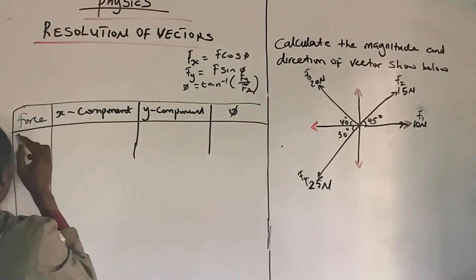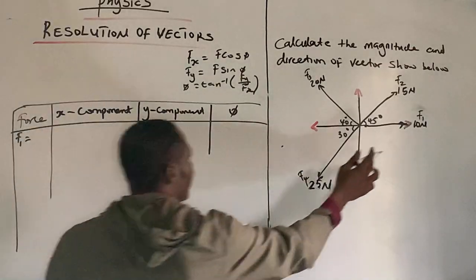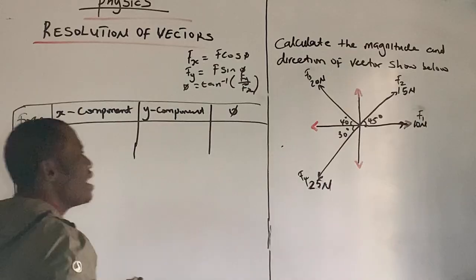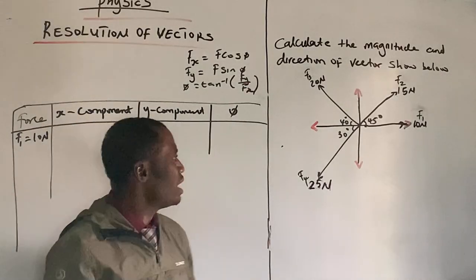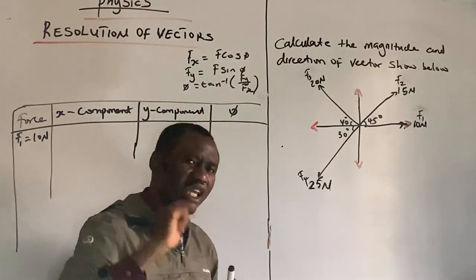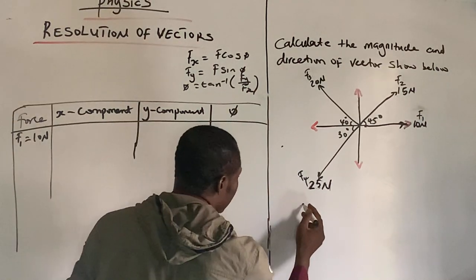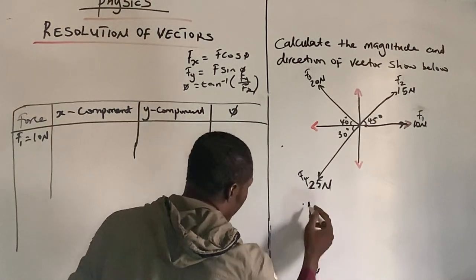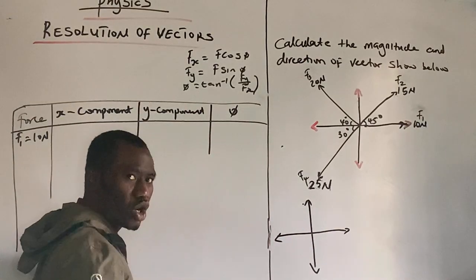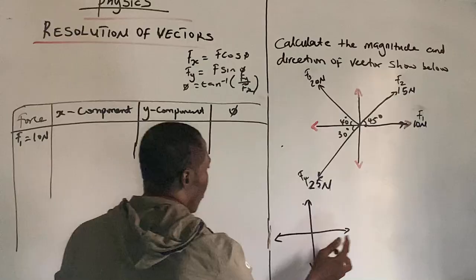The first one is F1. F1, the first force, is 10 Newton. Now, what is happening to 10 Newton? 10 Newton is inclined towards the horizontal, towards the x-axis. If you recall, the coordinate system has 4 quadrants. 1, 2, 3, 4.